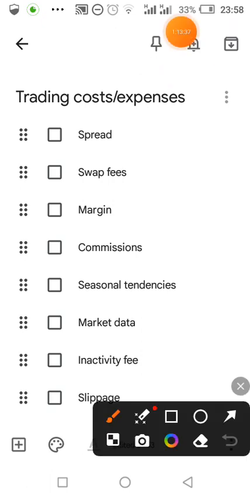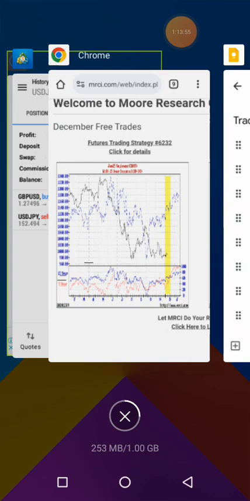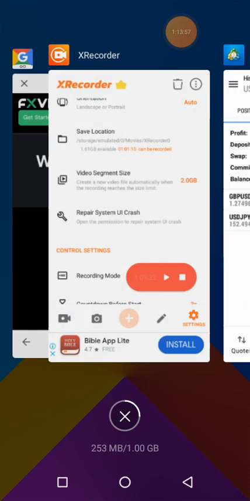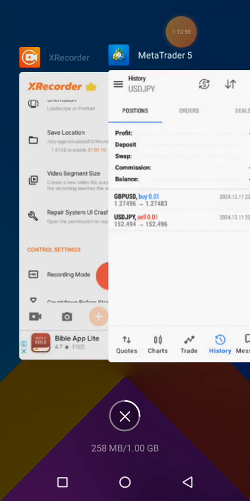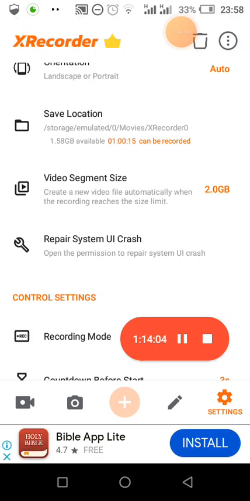And then another type of trading cost or expense, if you are trading futures markets instead of CFDs, which we usually trade here on MetaTrader. With futures, you can pay for live market data. So this will be just live price data which won't be delayed.